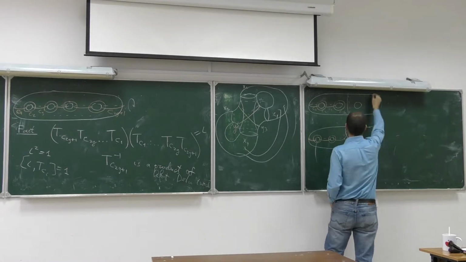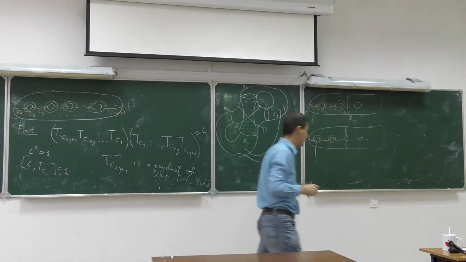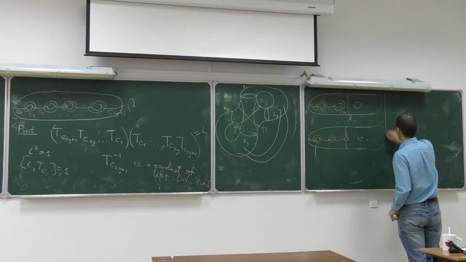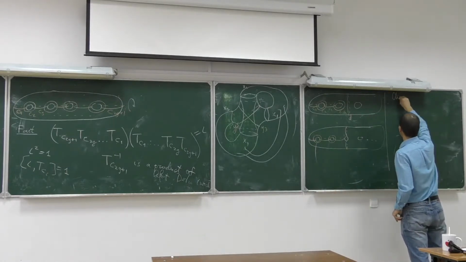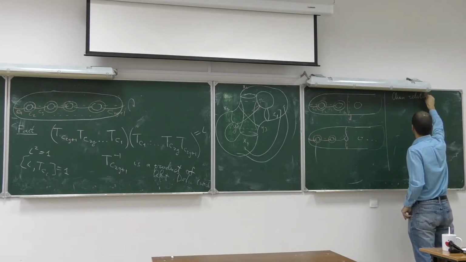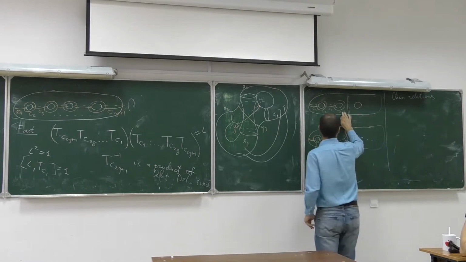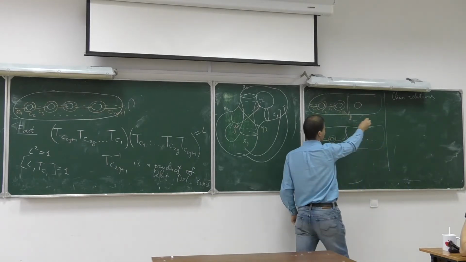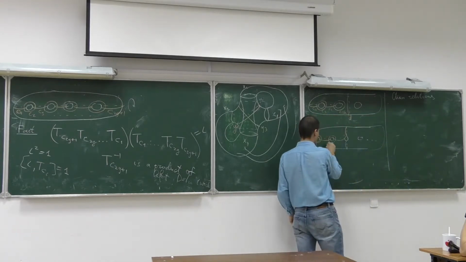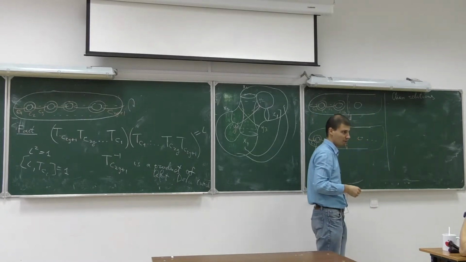So we have the following relations called chain relations. Let it be C1 to Ck, but here k is even and here k is odd.